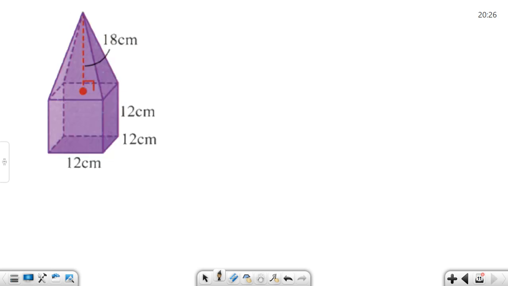Let's continue. That's the last question. As you see, there's a cube, and the volume of the cube is equal to 12 multiplied by 12 multiplied by another 12. What was the rule of the prism? Area of base times height. So 12 times 12 multiplied by height, again 12. That's the volume of the cube.